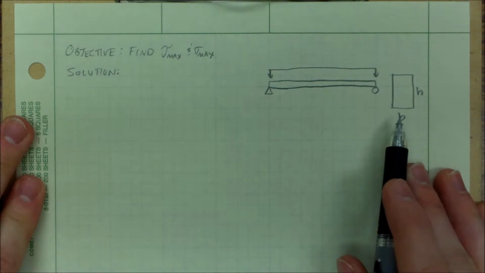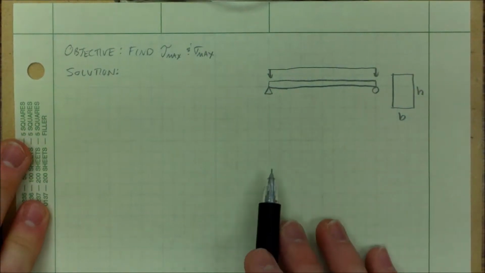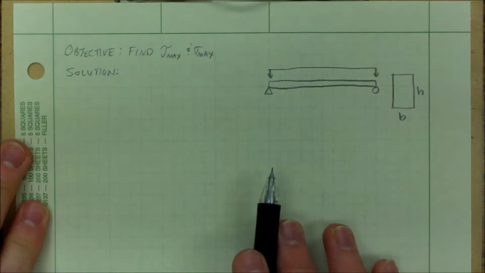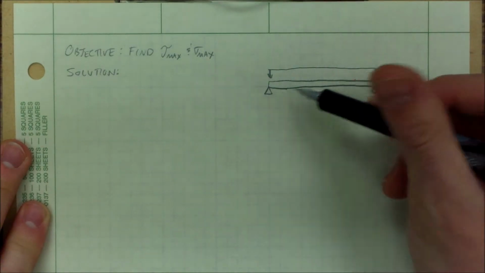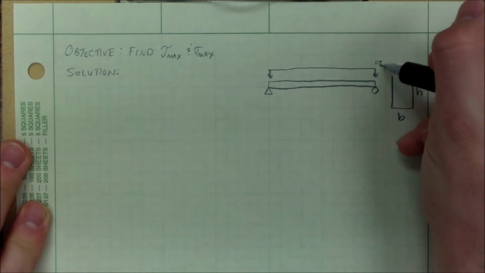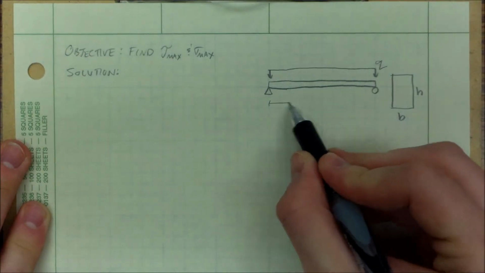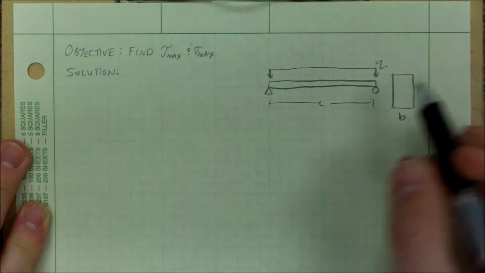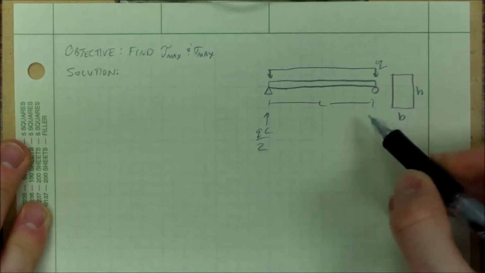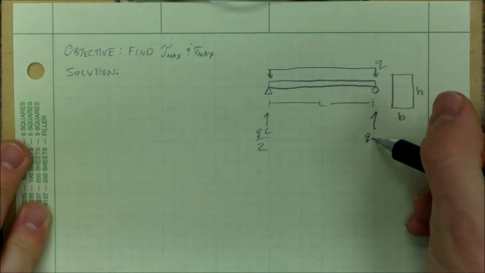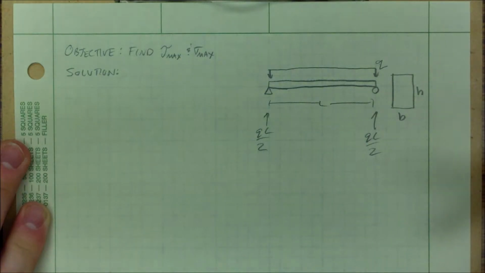I have my free body diagram here already. I want to be able to find my max shear and my max moment. So let's draw the shear and moment diagrams. Since this is symmetrical, if this is Q and this is L, then this side's going to be QL over 2, and this side's going to be QL over 2.